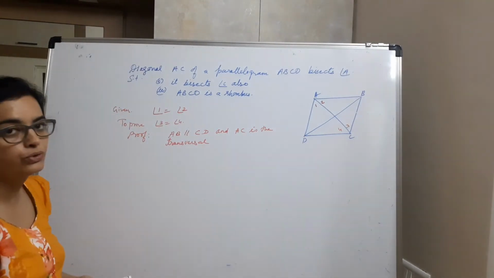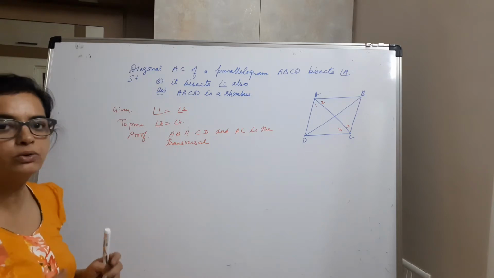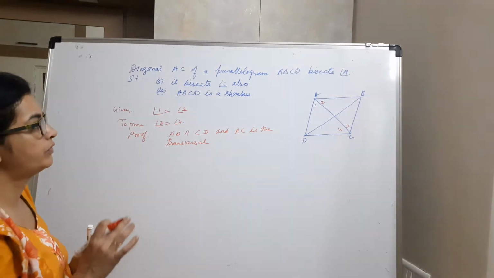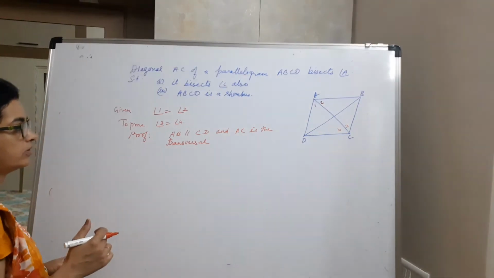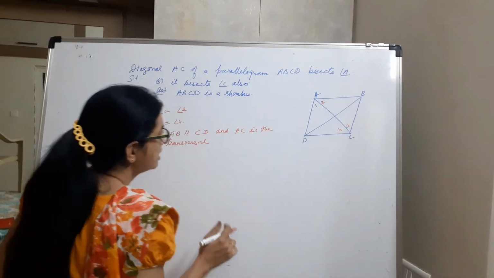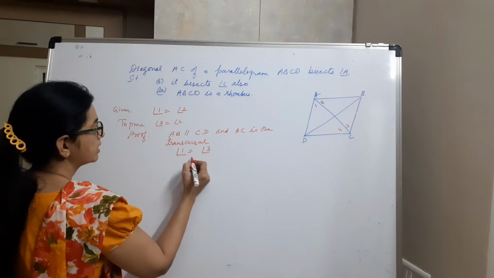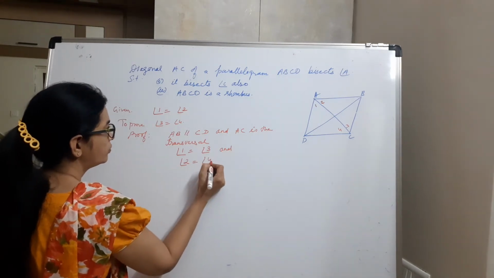Now we are going to use which property? After so many sums you might know which property is usually used when we have parallel lines and a transversal. Yes, you are very right. Alternate angles are equal. Angle 1 is equal to angle 3 and angle 2 is equal to angle 4.